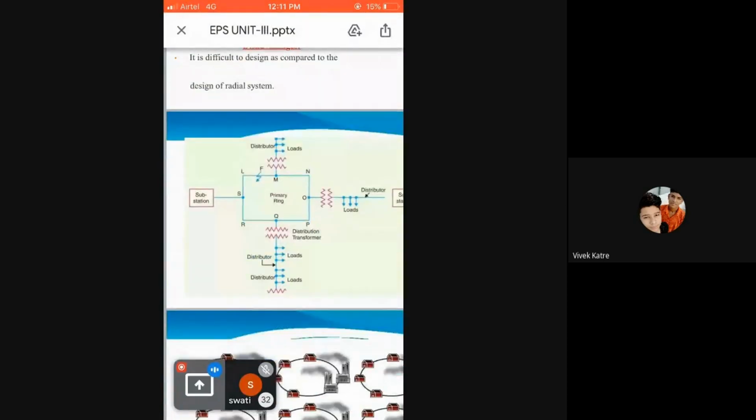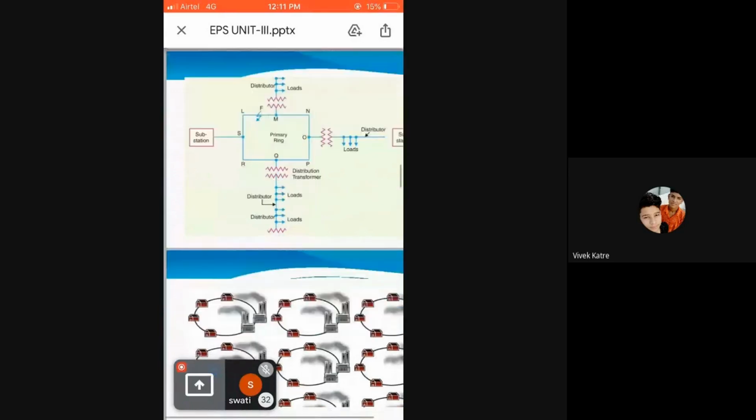Now let's move forward towards the ring or loop distribution system. Sometimes we call it the ring main system. The primary system of the distribution transformer forms a loop. That's why we call it the loop distribution system.